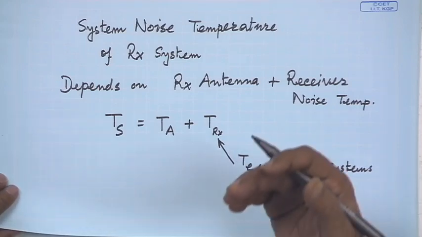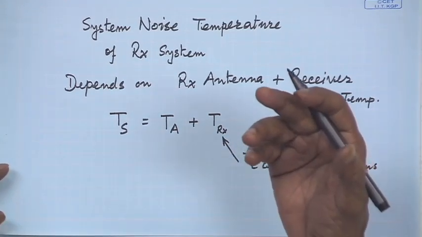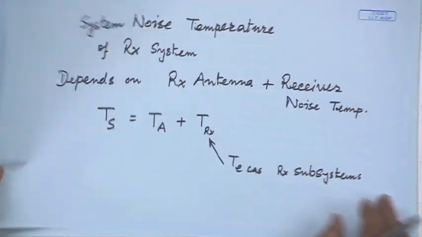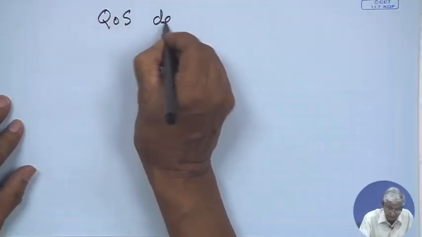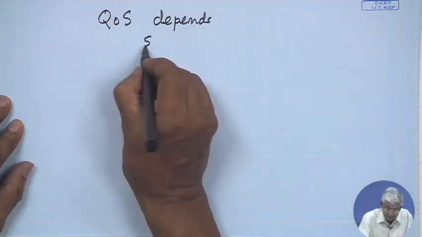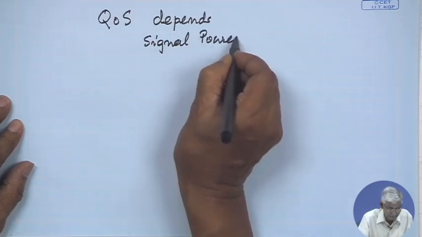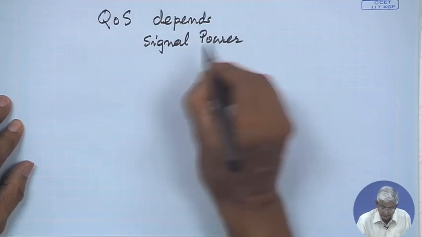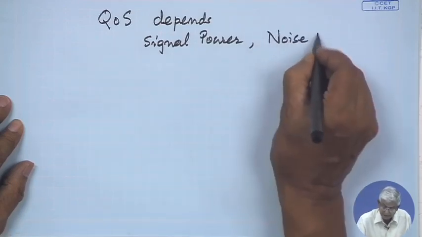So, we have discussed till now the power, signal power, and the noise power. Now, let us see the quality of service, what we are looking for, that depends on what we know: signal power and the ratio of signal power and noise power.